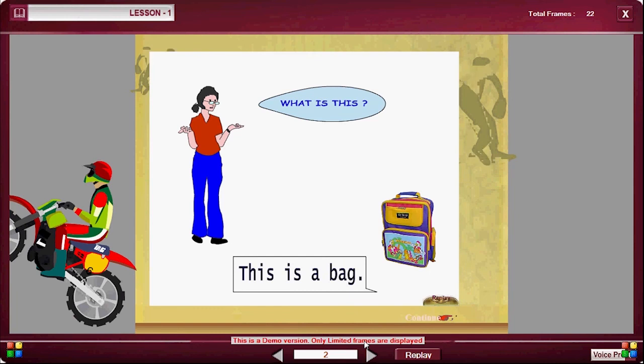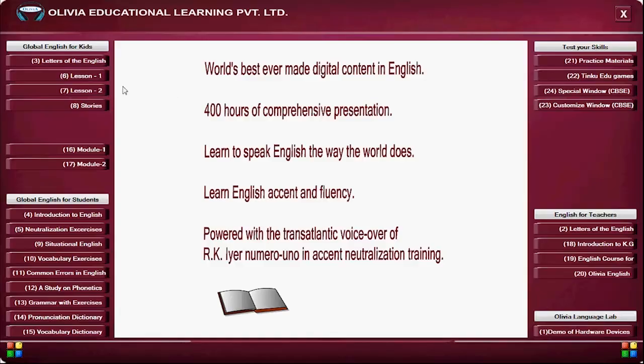It should not be taught to the young minds. That is why this presentation is given. Nearly 200 frames like this are repeated. And while going through this one, the teachers get an idea about how English is to be presented to the young ones. And the next one also is something like this.